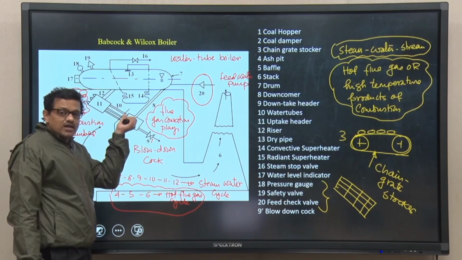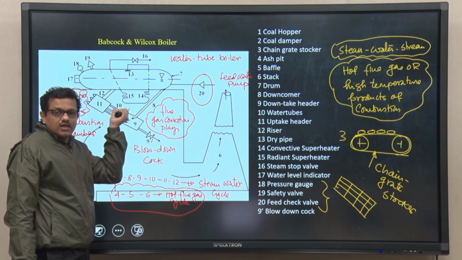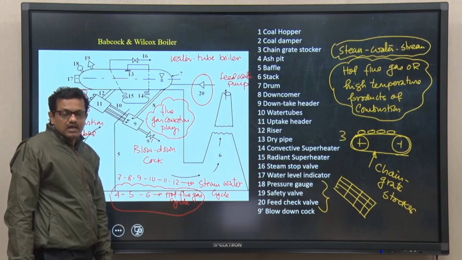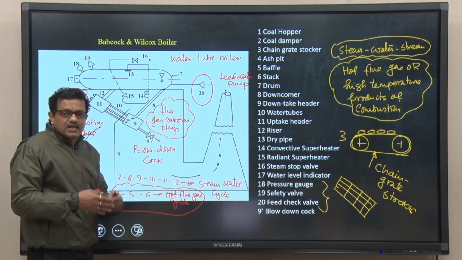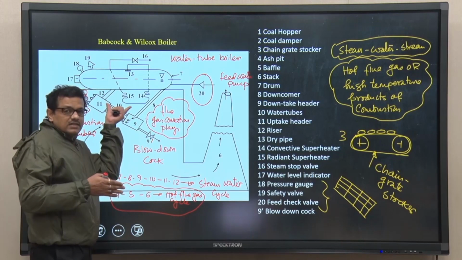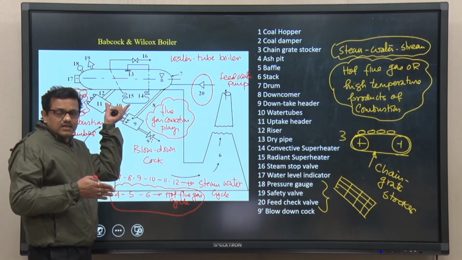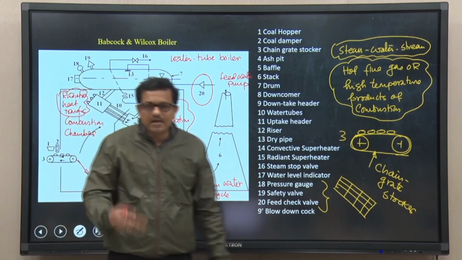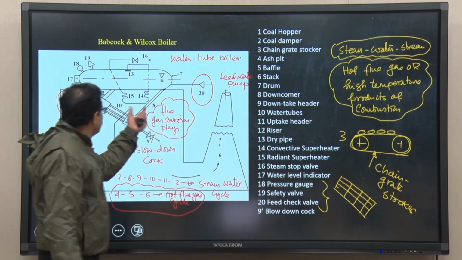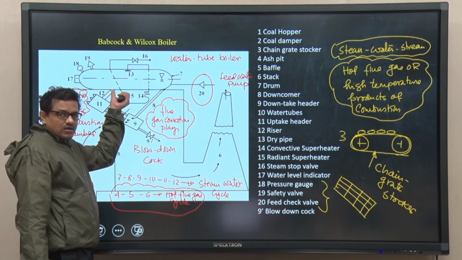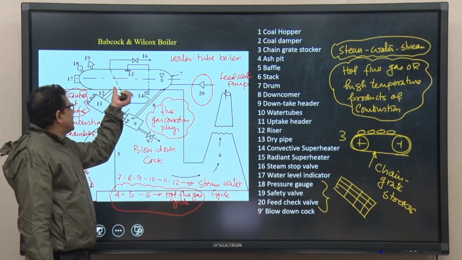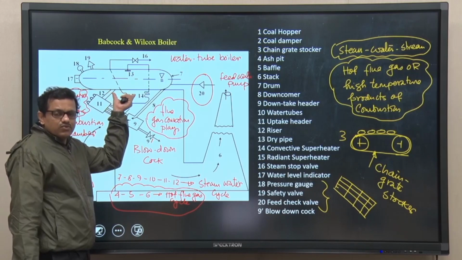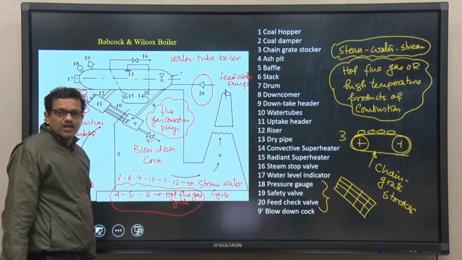So, allowing water through the tube, it is possible to have superheated steam at the exit of the boiler, but for that we need to increase the tube length drastically. Sometimes it becomes difficult considering the space requirement, and that is why we get good quality steam even at the exit of 12, but it is taken through the superheaters to ensure that the steam at the exit of the boiler is superheated.